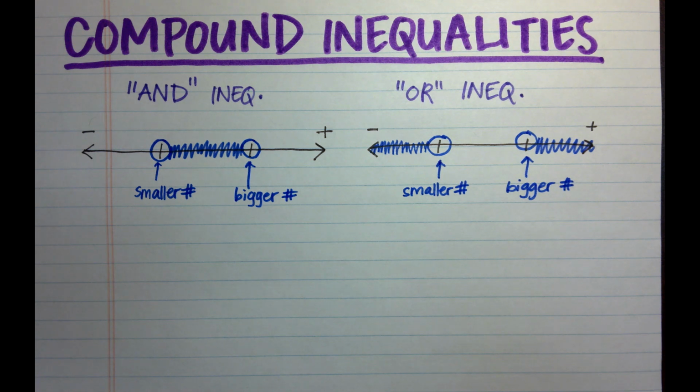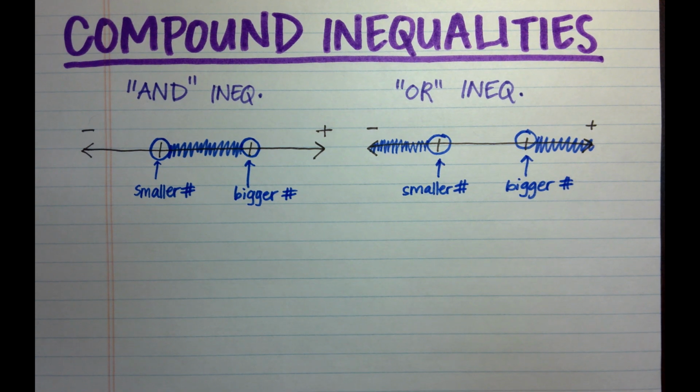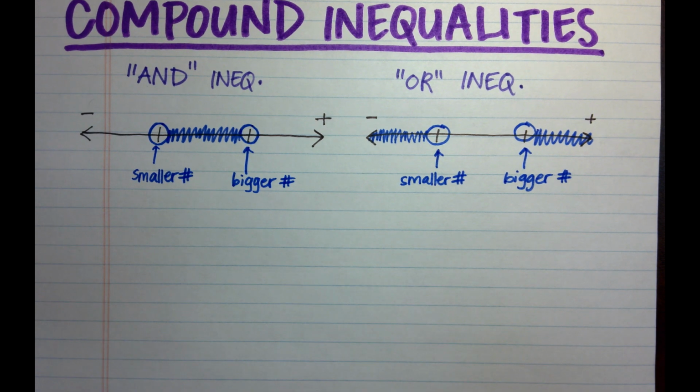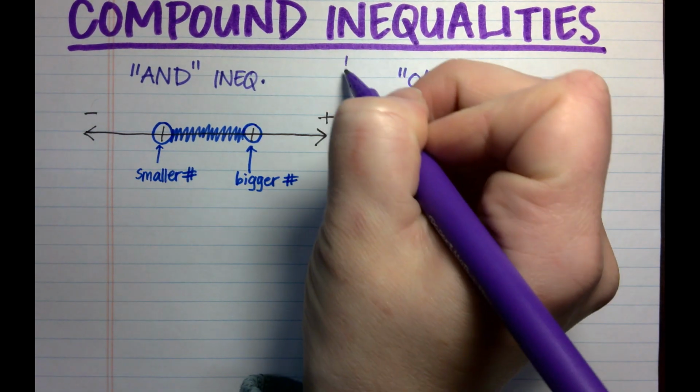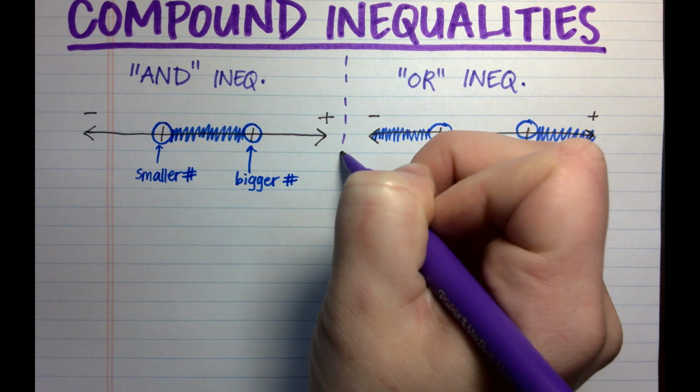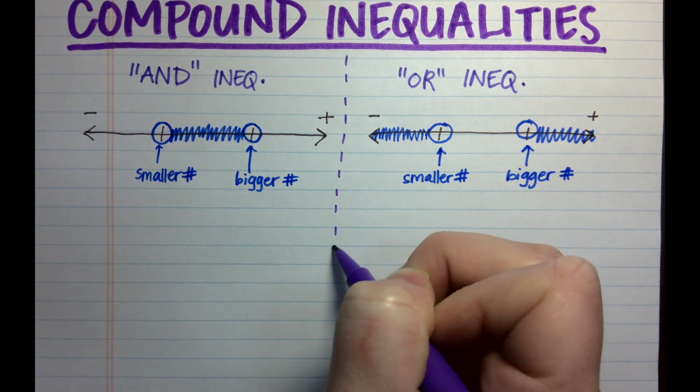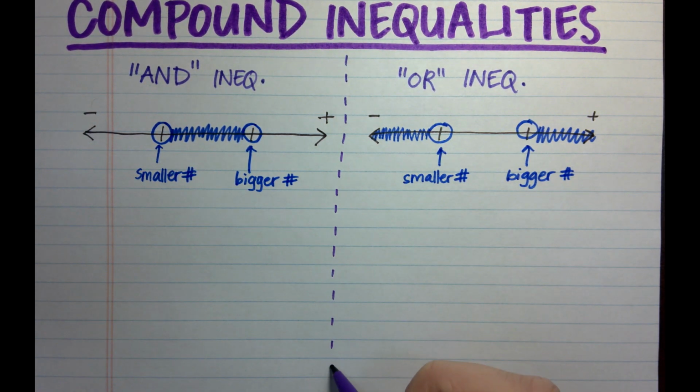So, let's do an "and" first. I think what I'm going to do is draw a dotted line in between these to keep our examples separate. We don't mix them up or anything.